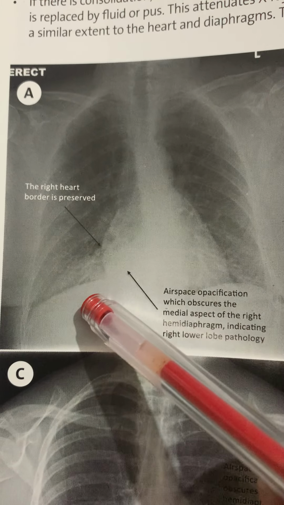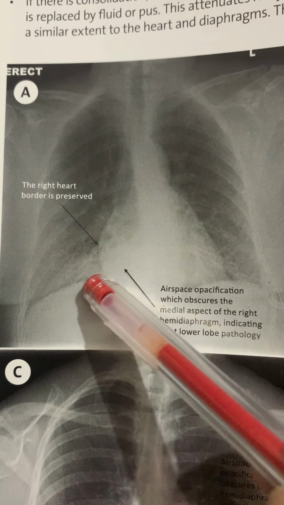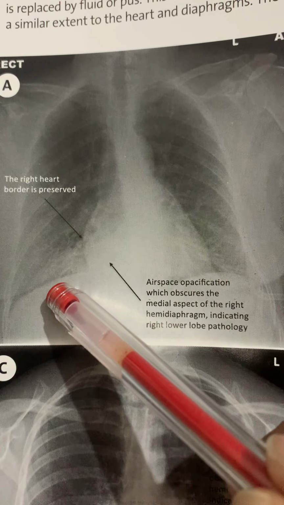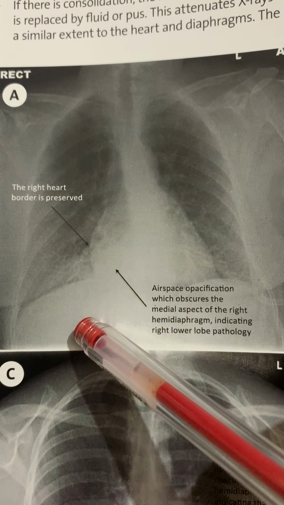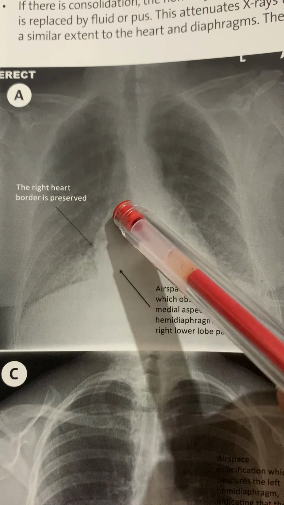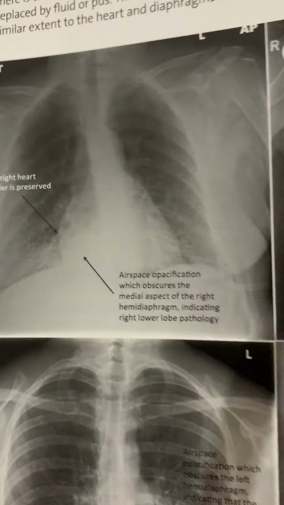Here is airspace opacification, which obscures the medial aspect of the right hemidiaphragm, indicating right lower lobe pathology, and the right heart border is preserved. Here is the consolidation or opacification present.